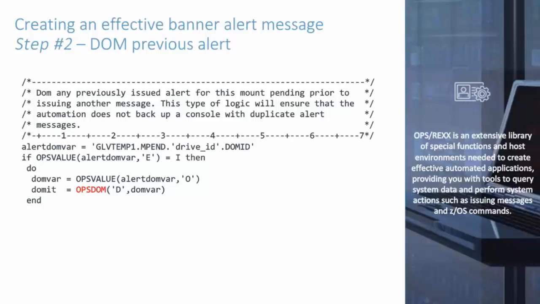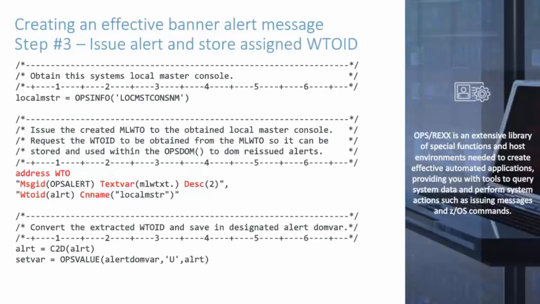Now that the logic has constructed the MLWTO message and DOMmed any previously issued alert, the ADDRESS WTO host environment can be called to issue the new alert message. Note the OPSINFO function being used to obtain the name of this system's local master console. This obtained value will be used within the CONNAME WTO keyword to ensure the alert gets sent to the system's local master console.